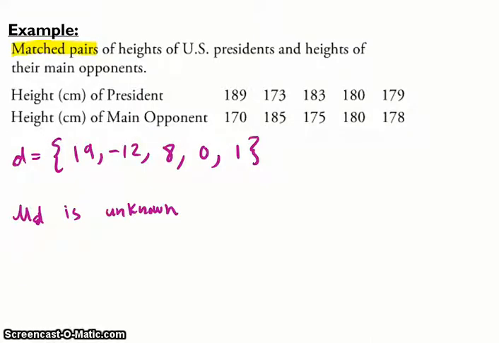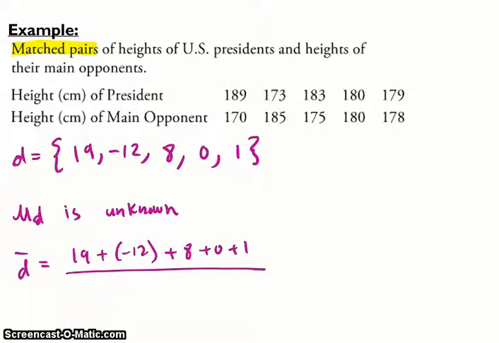D bar is the average of the differences for the sample. In this case, D bar is the mean of these values. We can calculate that by hand if we like: we add them all up and divide by however many values there are. In this case, there are 5 values. Add up all these, divide by 5, and I had worked this out already.